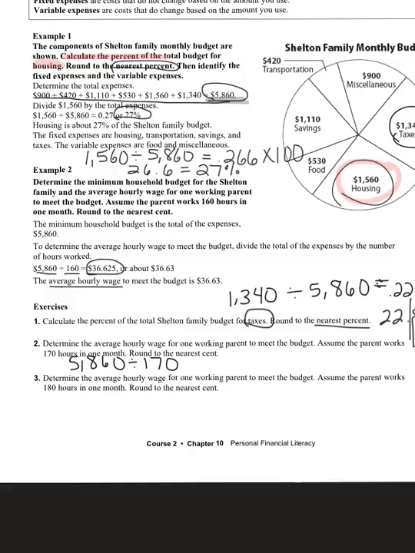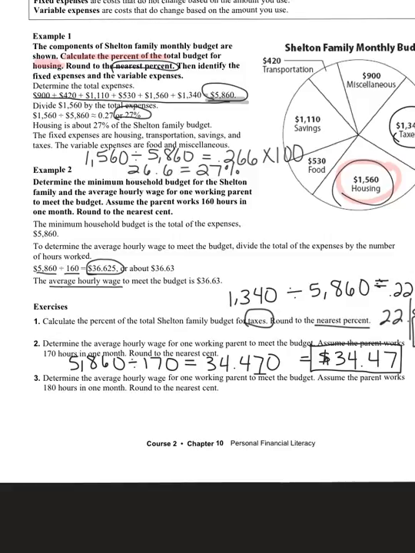So with your calculator, or you can also divide this by hand, that's going to give me $34.47. Round to the nearest cent. Okay, I did have a 0 after the 7, but the nearest cent would be the 7. So that's going to equal $34.47. So that's how much a parent needs to make per hour.